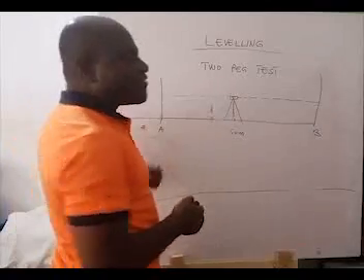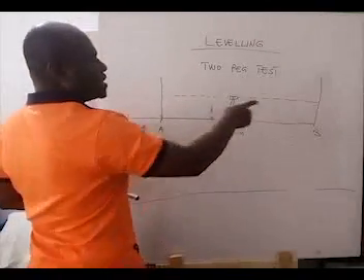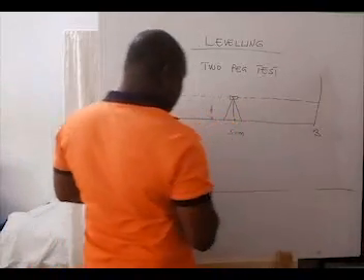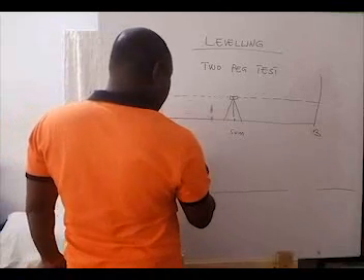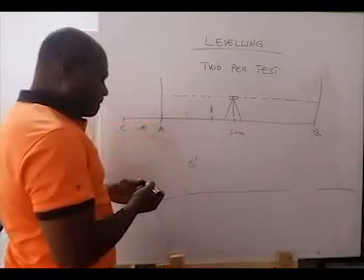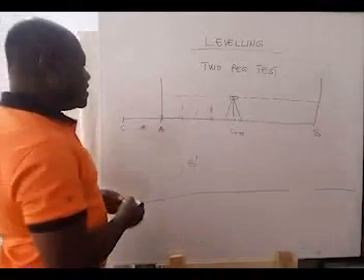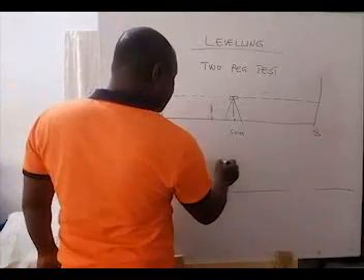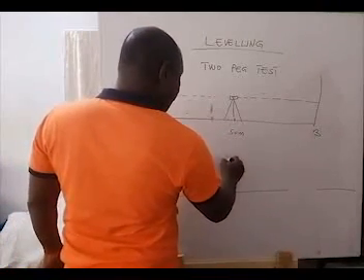Now you record the staff readings. The staff reading at B, we'll name it B prime. The staff reading at A, we'll name it A prime.